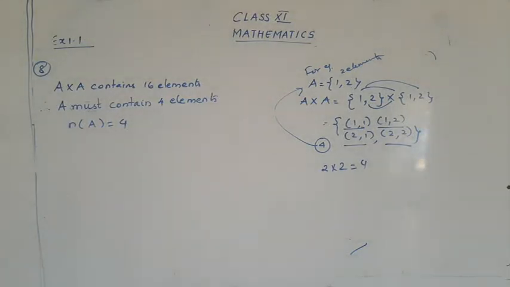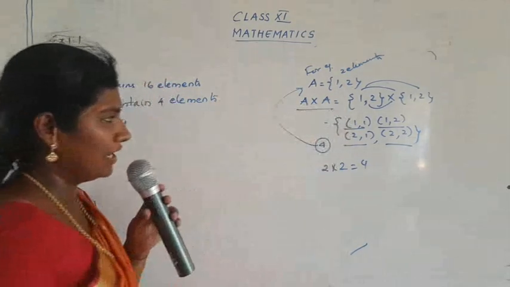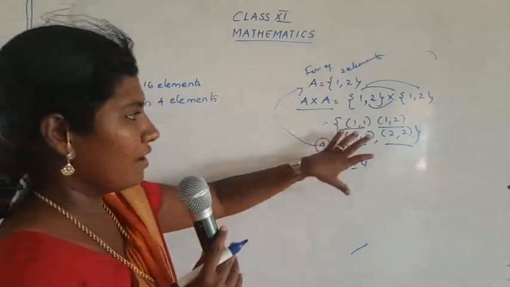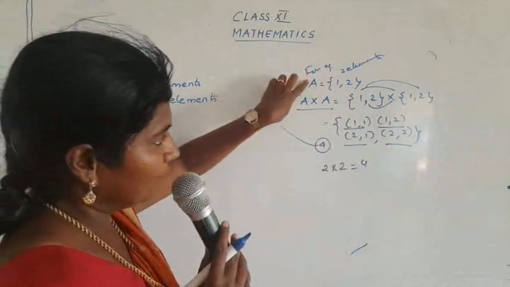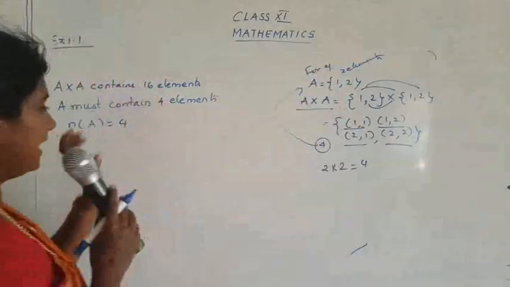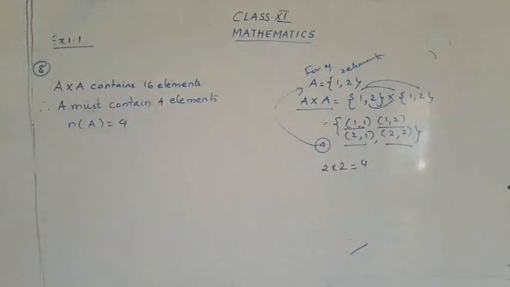So I have found the number of elements in A. For a set A, how many elements will be present? 4. I have taken one example: when we found the Cartesian product of A cross A, we got a total of 4 elements, so A must contain 2. Similarly, here A cross A contains 16 elements, that means A must contain 4 elements.